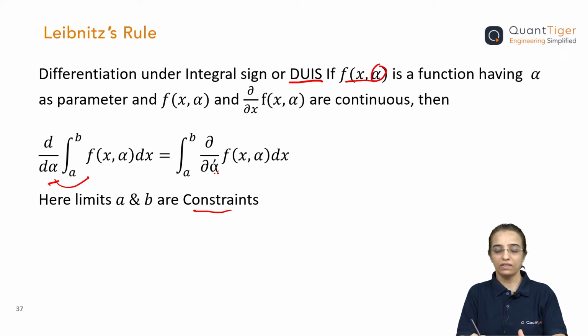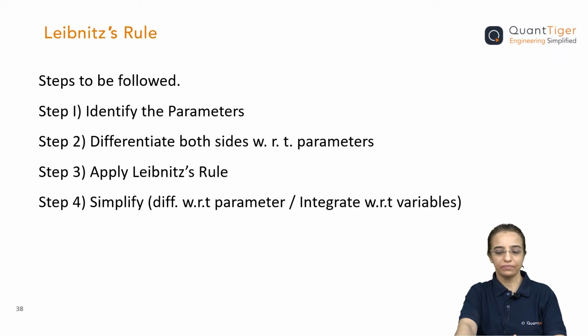That's the difference we need to understand here. And the other thing is that it becomes a partial differentiation as well. That's what the Leibniz rule says. This will be more clear when we go with the question.